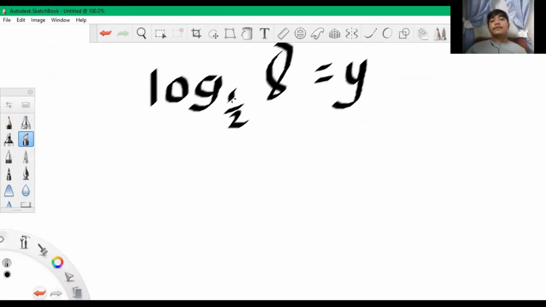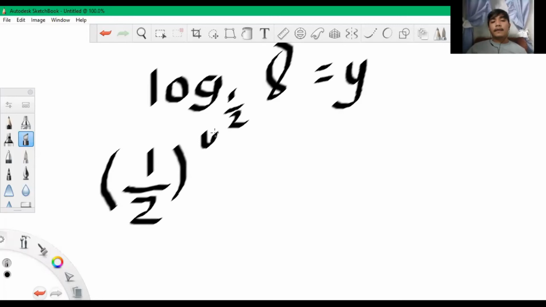Then in order for us to solve this unknown exponent, we have to convert this logarithmic form into its exponential form. So now let's have the base, which is equivalent to 1/2, and its exponent is equivalent to y. And the answer should be 8. So what would be the value of y in order for it to be equivalent to 8?